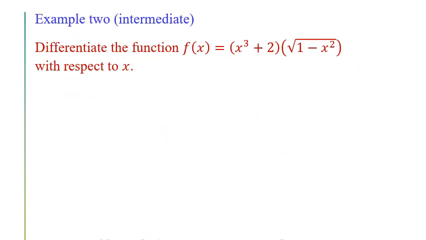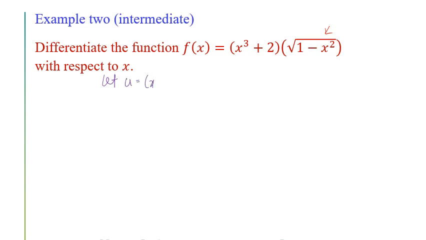All right, so the next one I would consider as intermediate. Why intermediate? Because there is a radical of square root 1 minus x squared. Anything to do with cube root x or square root or the 4th root or the 5th root usually is harder. So let's do the first step. Don't skip the first step until you are very, very good.